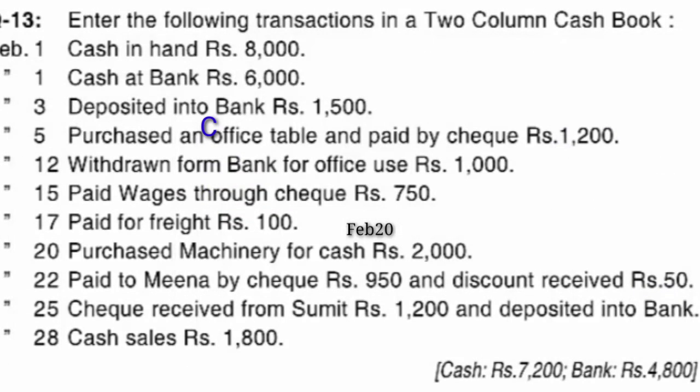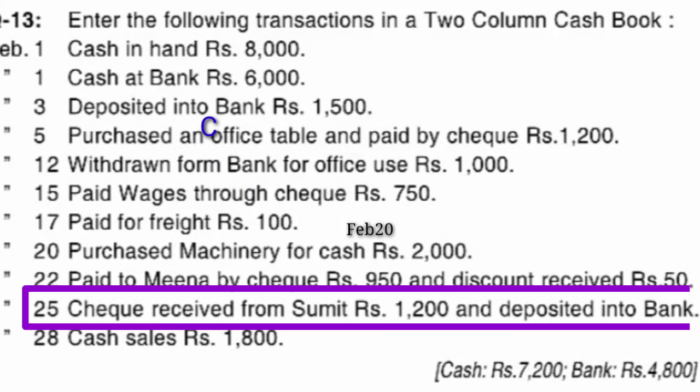The next transaction on Feb 25, check received from Sumit rupees 1200 and deposited into bank. Check received and deposited into bank means we deposited the check the same day. So when we deposit the check, our bank balance will increase.